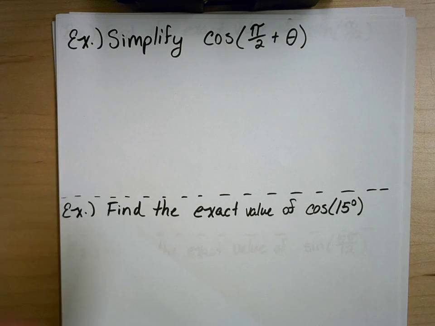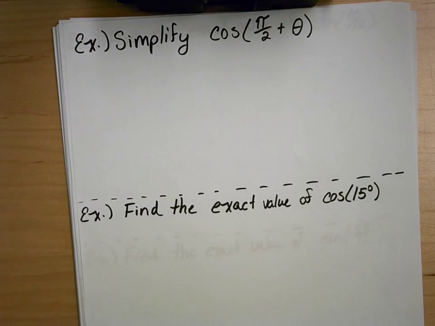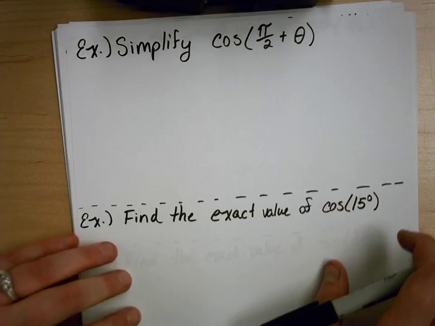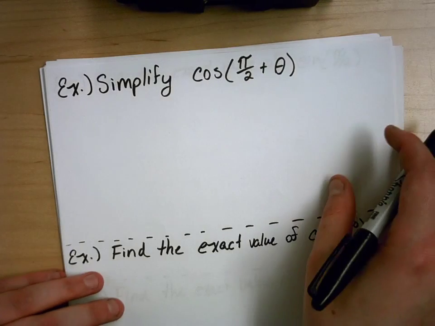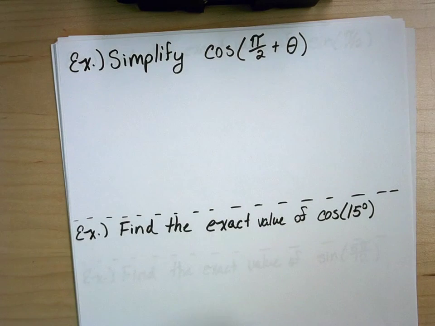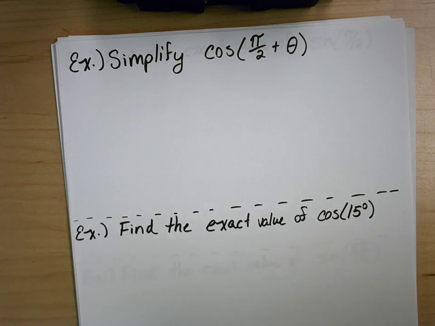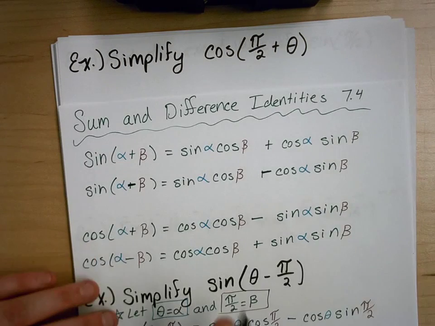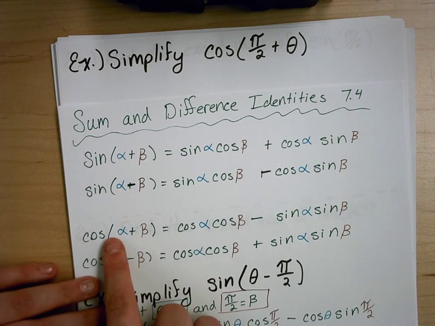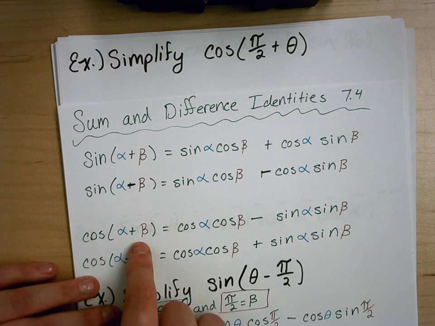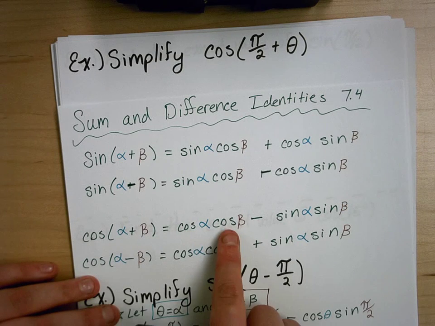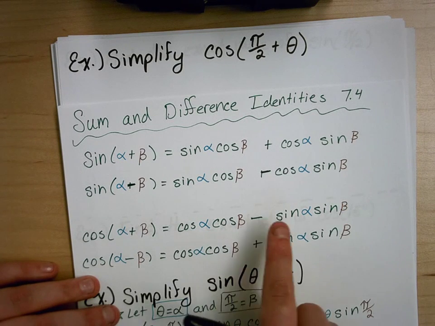Now let's move on to some examples. Let's simplify cosine of pi over 2 plus theta. If we look at our equation that you haven't memorized yet, we're going to use cosine of alpha plus beta equals cosine alpha cosine beta minus sine alpha sine beta.